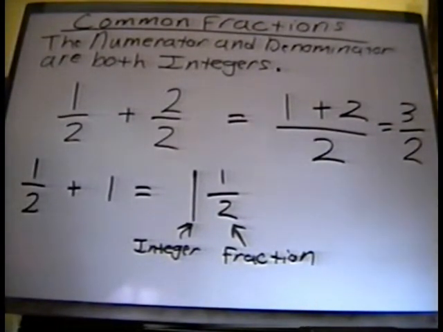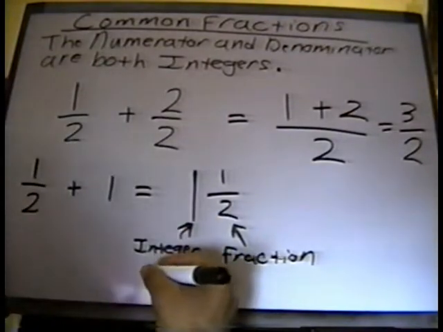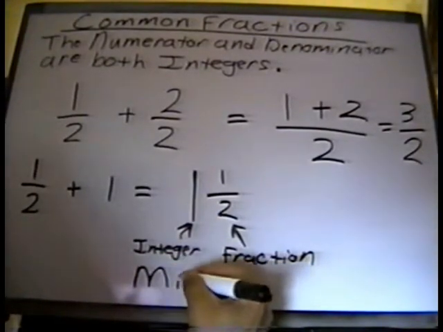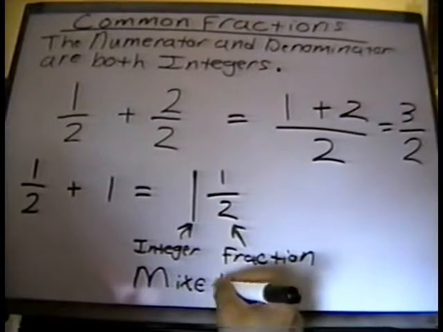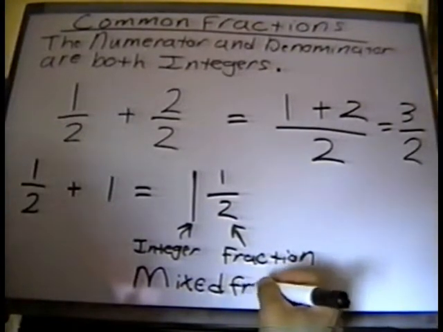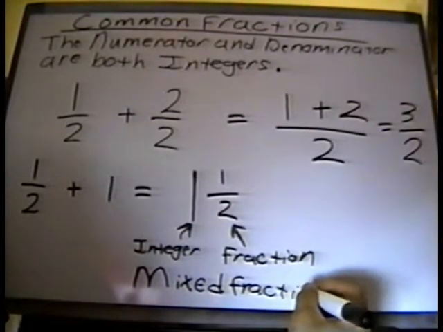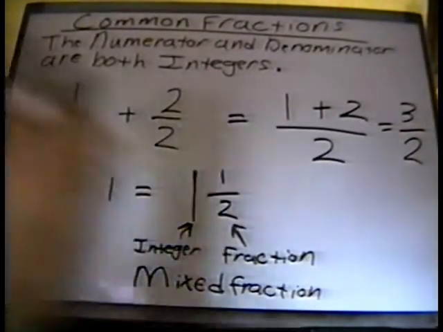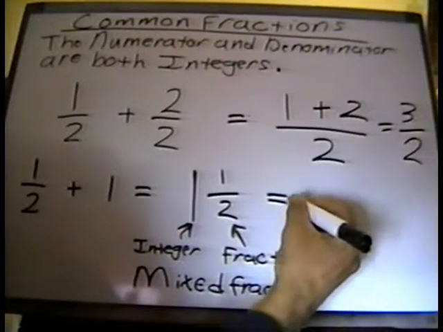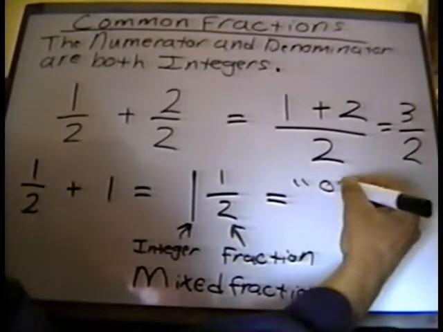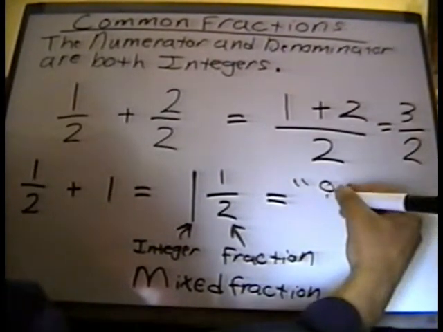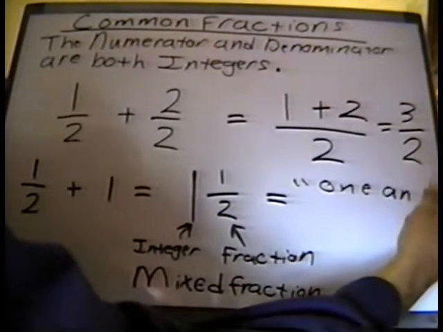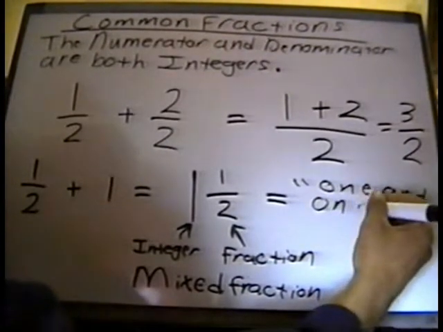This is called a mixed number or mixed number fraction, or we simply say mixed fraction. And that's equal to, or read as, 1 and 1/2.